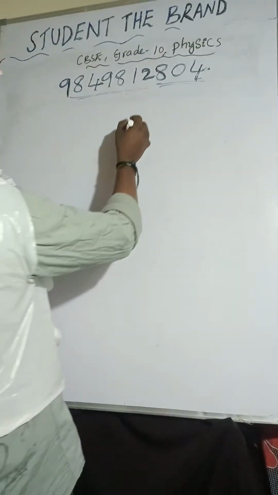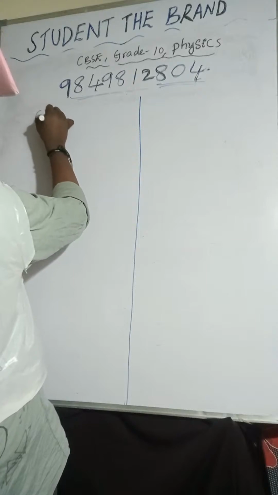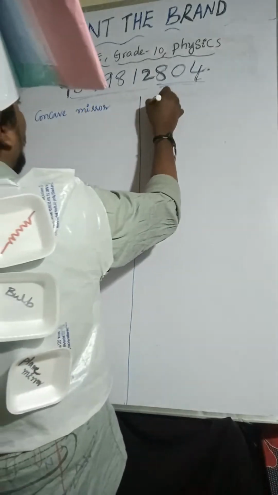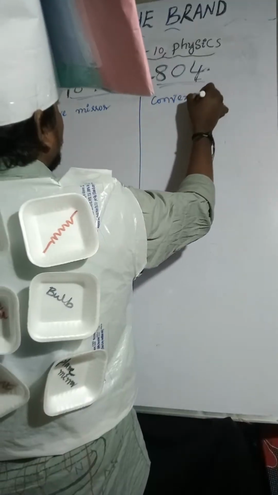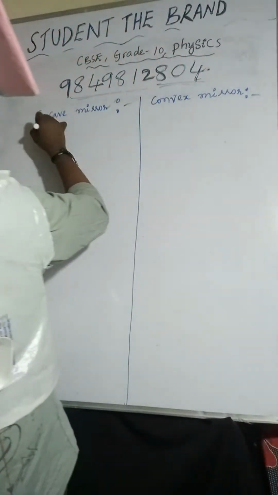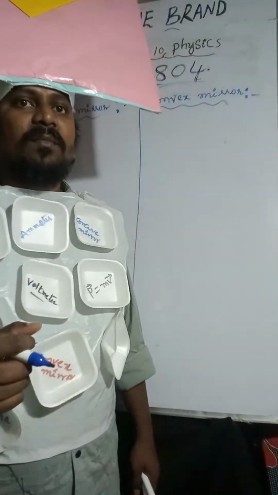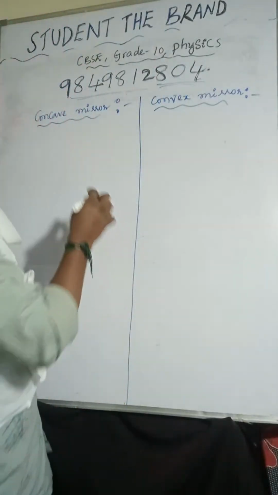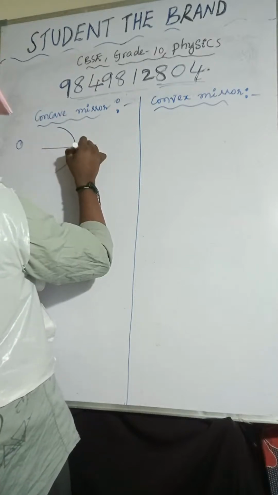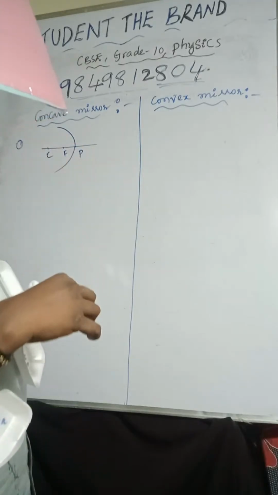First, the concave mirror. Here you can observe pole, focus and center of curvature. I am taking a concave mirror.